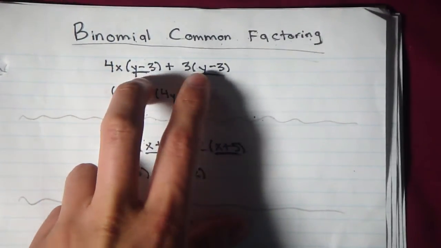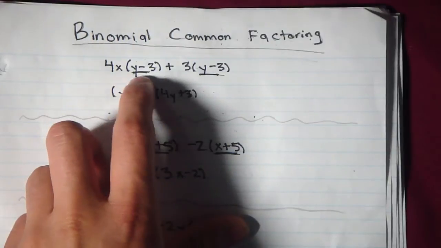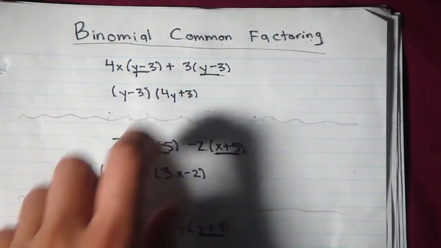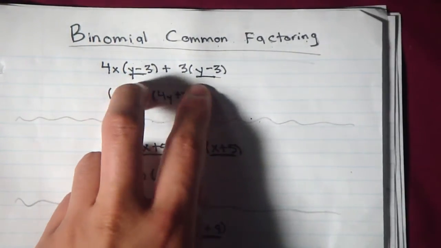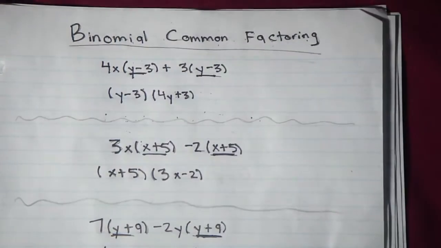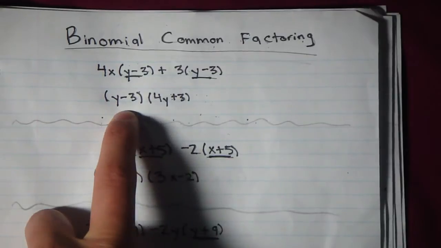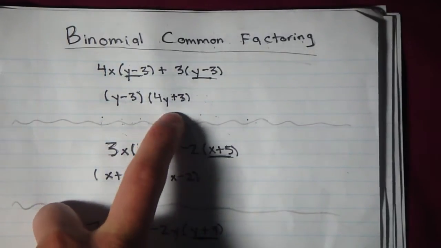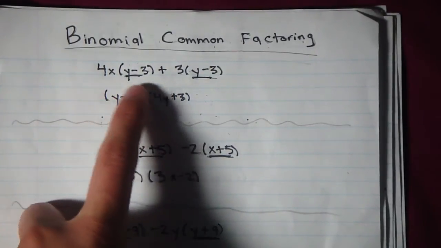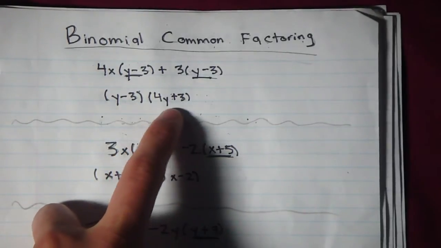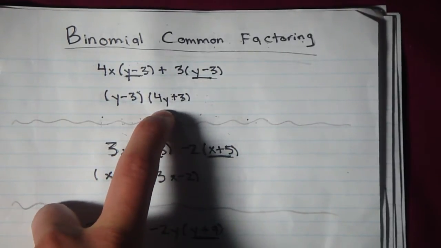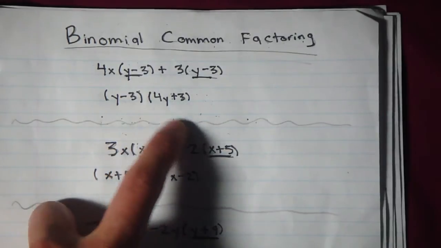You have to notice what is the same. 4xy minus 3 and 3y minus 3. Here there are 2 similarities, y minus 3. So what we do is that we common factor that out. So we have y minus 3 in one bracket, and what we do is we gather the remaining terms. It's supposed to be 4x plus 3. So we get 4x plus 3.